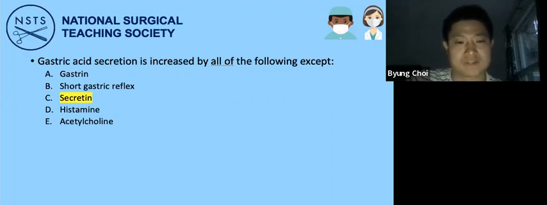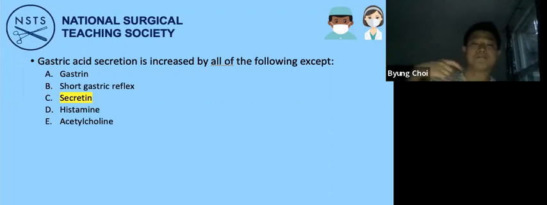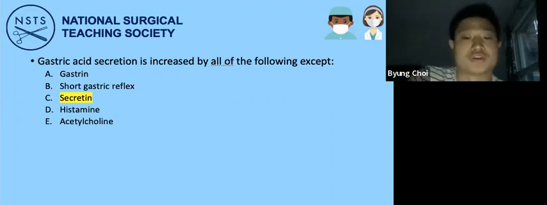That's the short gastric reflex. And then the long gastric reflex is the vagus nerve itself, the long vagal reflex, or the long gastric reflex. That's interchangeable. So for this question though, it's secretin.